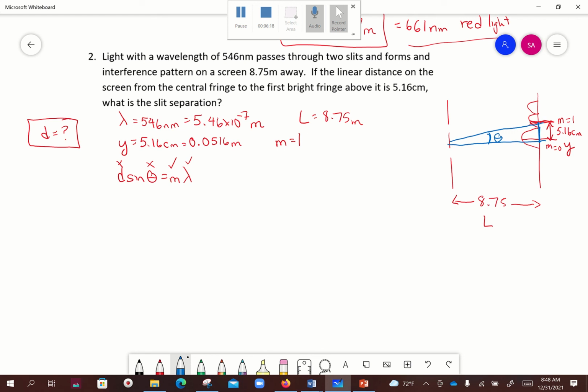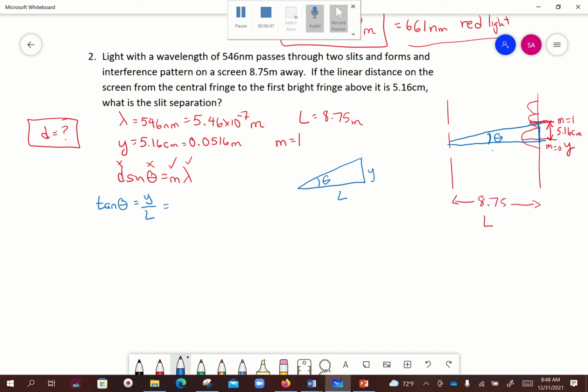Y is opposite and L is adjacent. So I've got y, L, and theta, and tan theta is equal to y over L. I know y and L, so I can use that to get theta, and then plug it back into the equation in red.